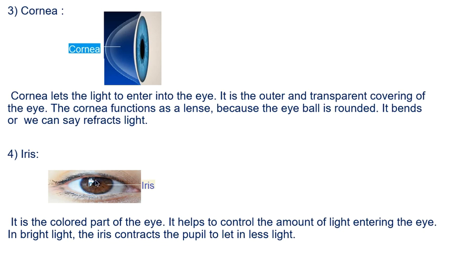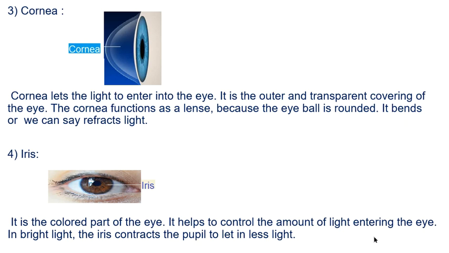This black portion, when it gets dilated or spread out, much light gets inside our eye, and when it is contracted, much less light can enter our eyes. So in bright light the iris contracts the pupil and lets in less light.